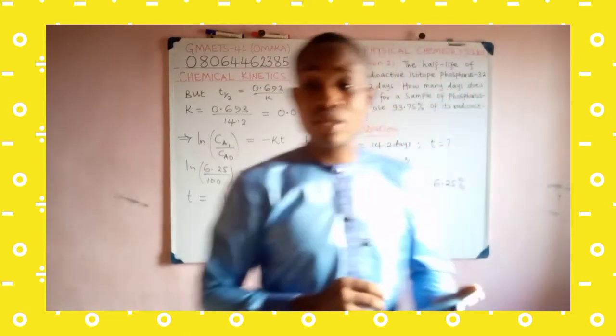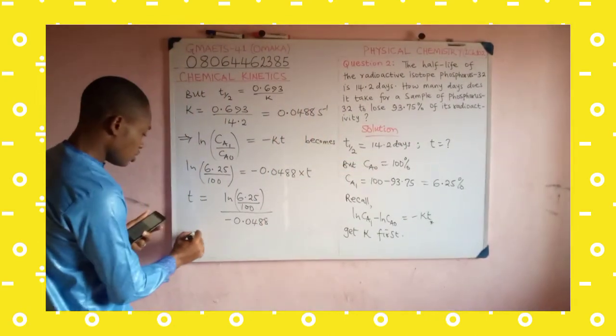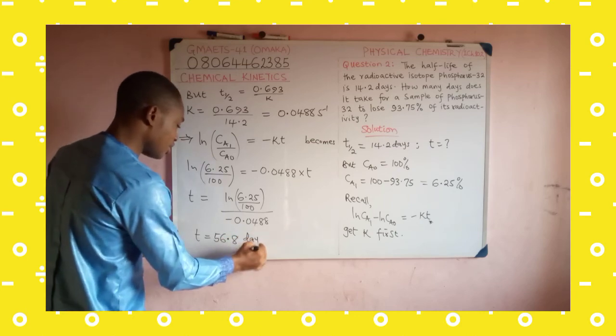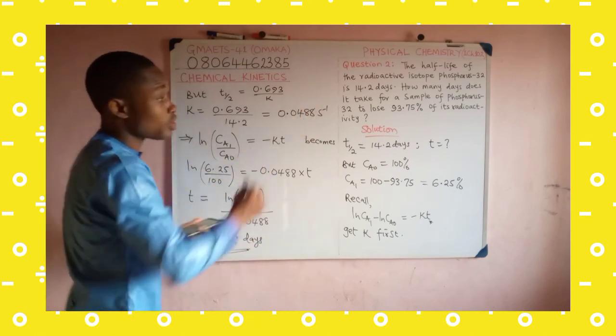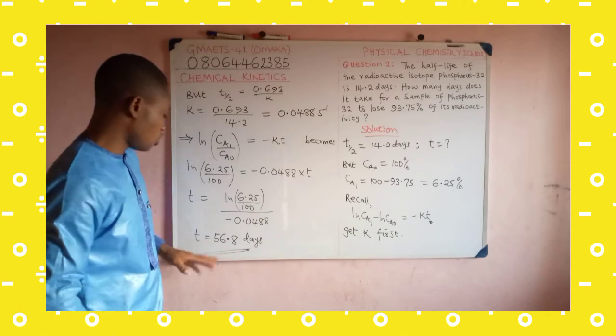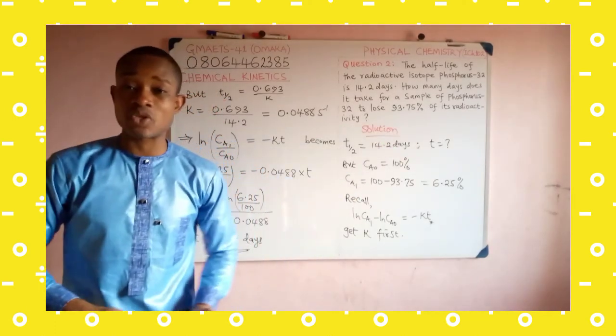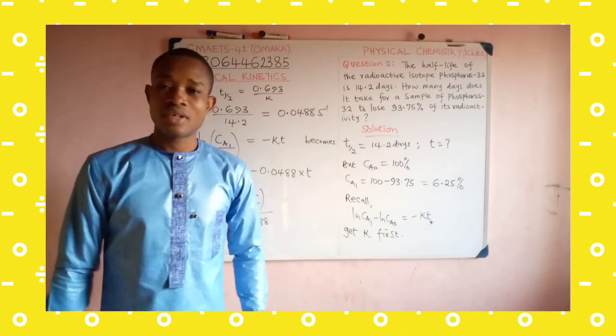Good, that is 56.8. So t is equal to 56.8 days. So for our problem, it is going to take phosphorus 32 56.8 days to lose 93.75% of its initial concentration.